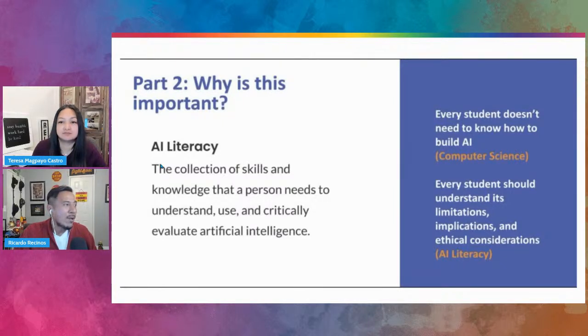I'm not saying that all of our students are going to become computer science engineers or have to know how to build AI. What I mean is that all of our students should understand its limitations, its implications, and its ethical considerations when we talk about AI in the classroom, and that's the reason why we are bringing some of these tools to our students and to our teachers.